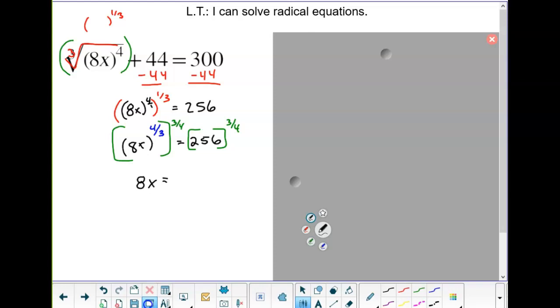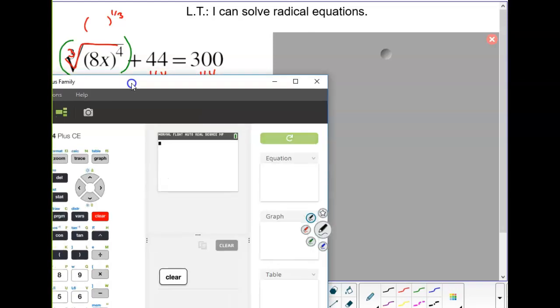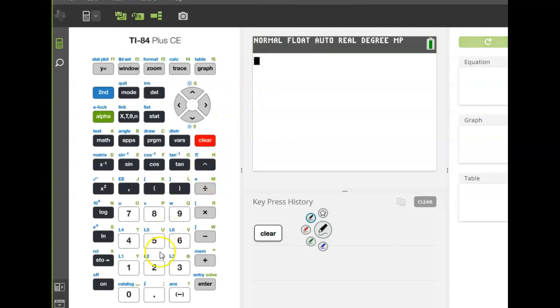But right now, I just grabbed my calculator. And I haven't shown you this yet, so I'll show you how to do it on my calculator. But if you know how, go ahead. I thought I had my calculator up. Hold on. So I want to take 256 to the 3/4 power.